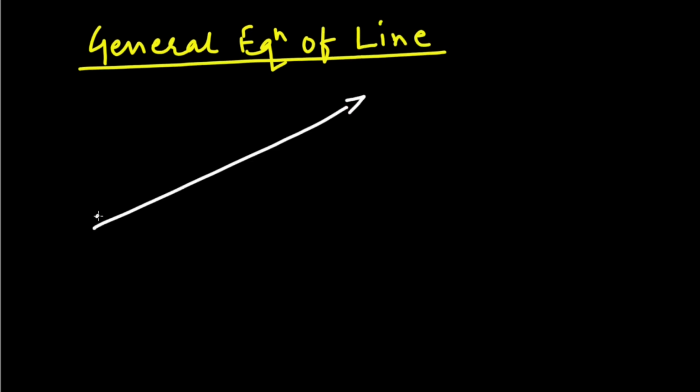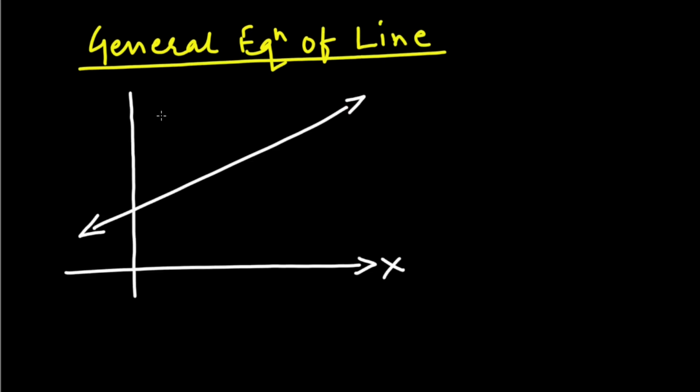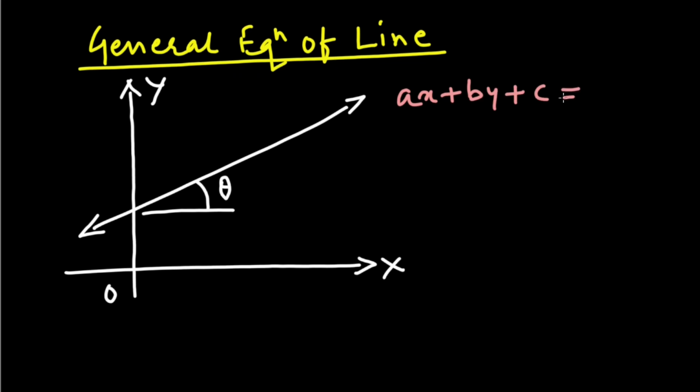What is general equation of line? Suppose this is a line, x-axis, y-axis, origin. This will be its inclination theta. The general equation of this line is ax plus by plus c equals 0, where this c is this distance known as y-intercept.